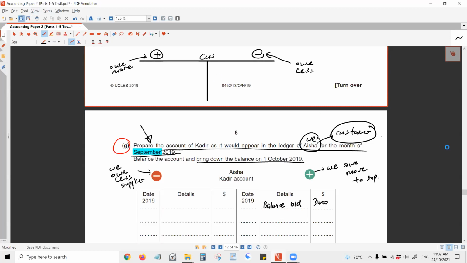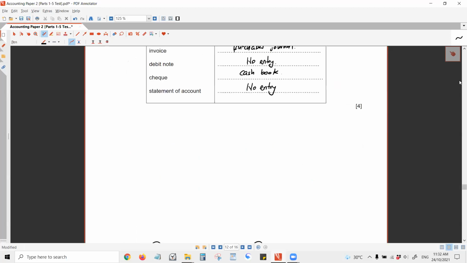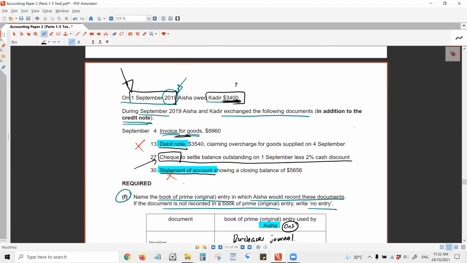Continue. I should write the date: September 1st. Now continue to the next date. What do we have to record? We have to record the invoice and the cheque. Don't forget about the credit note that you saw earlier on the first page of the question.